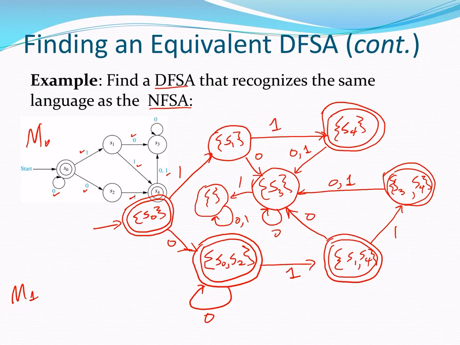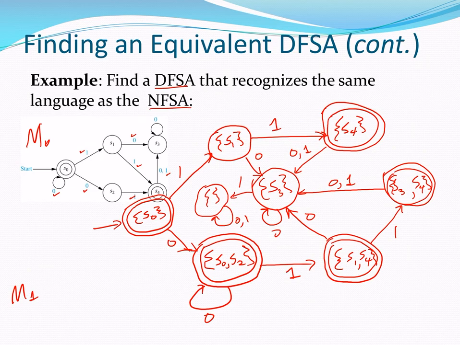Notice that it has more states than the NFSA, and indeed it could have up to 2 to the 5th states, because that is the size of the power set of all the states of M0. Let's see what language it recognizes.